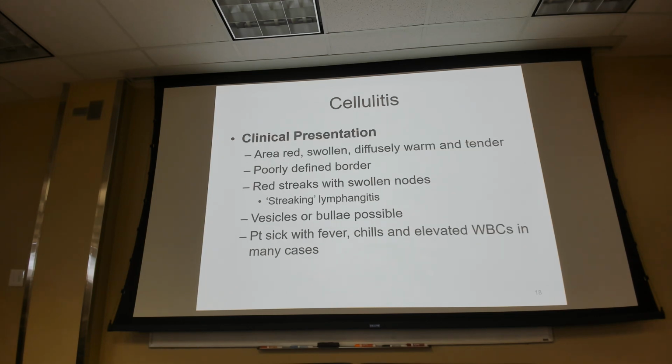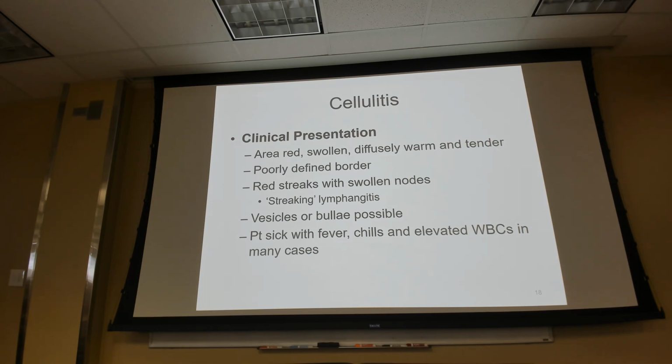Talked about how it's red, swollen, warm, and tender. It does not have a defined border, which we are going to see in erysipelas. Here, it's hard to see where it's ending as it spreads out. So it doesn't have a borderline, I guess you could say.